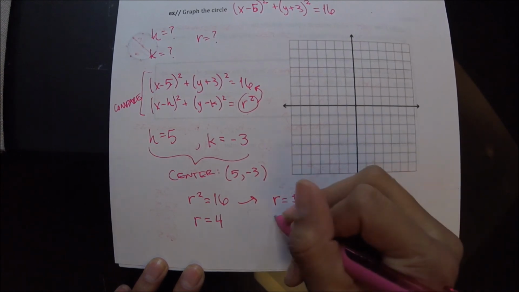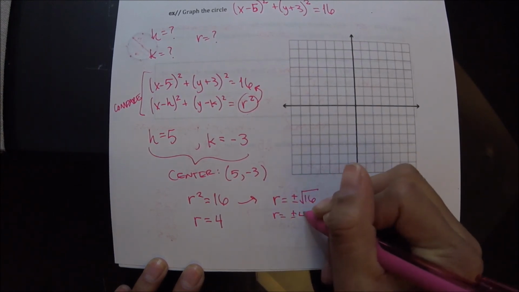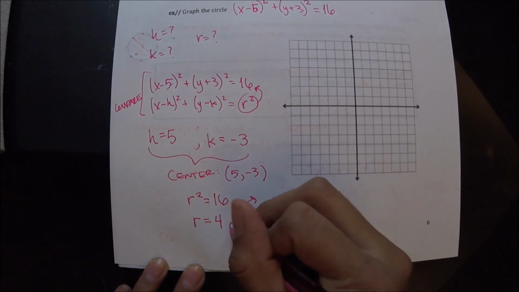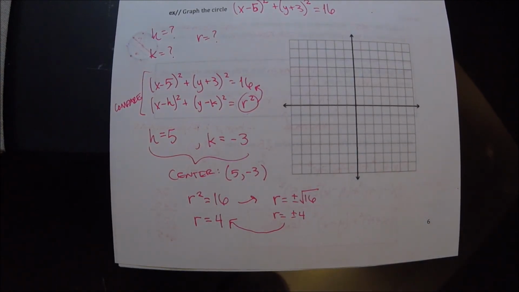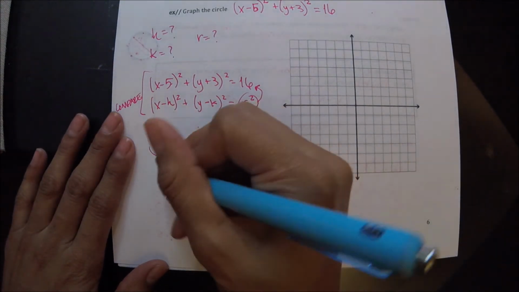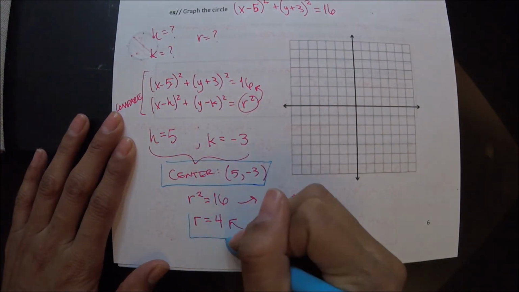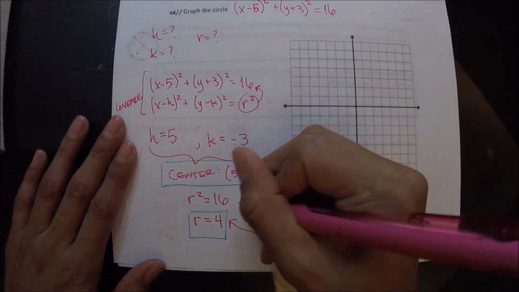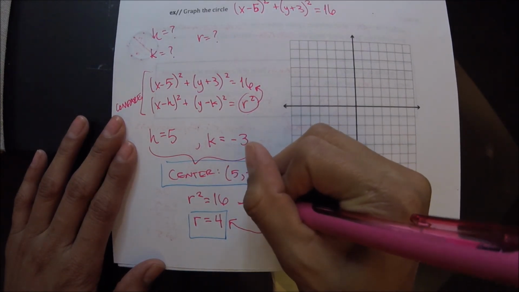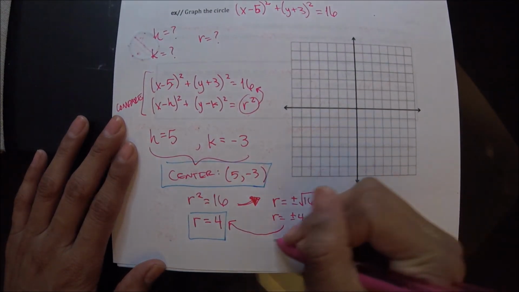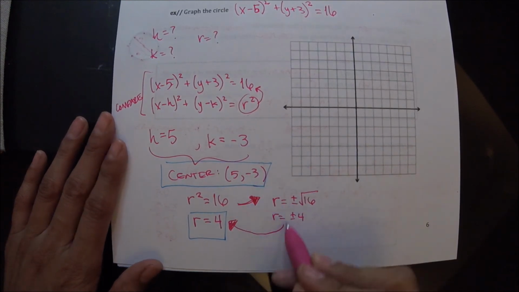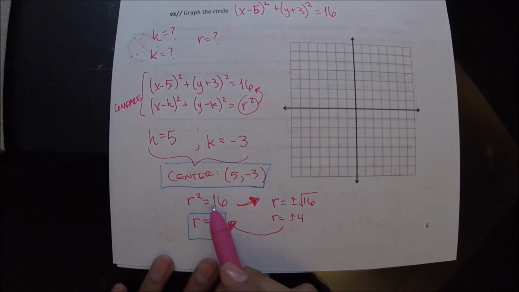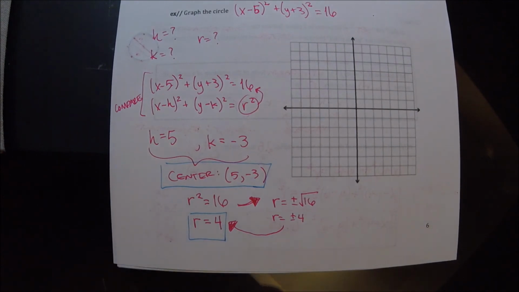So r equals plus and minus 4. But r is representing the radius of the circle, so it has to be positive. So we have our center here, and our radius is 4. I kind of skipped some steps, but we'd go here and this way to finally get r equals 4.